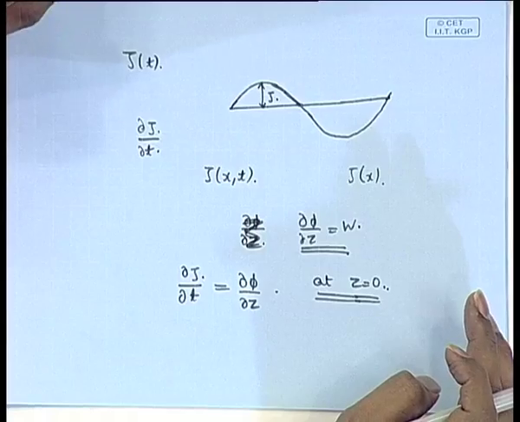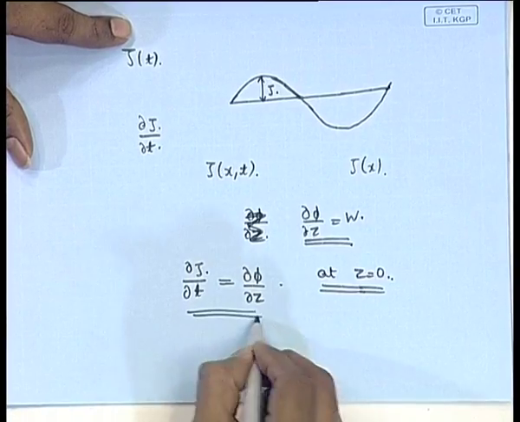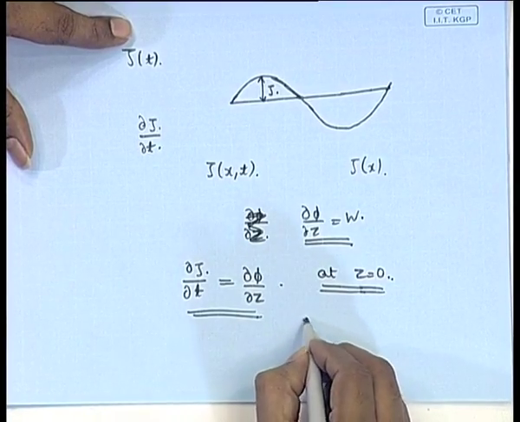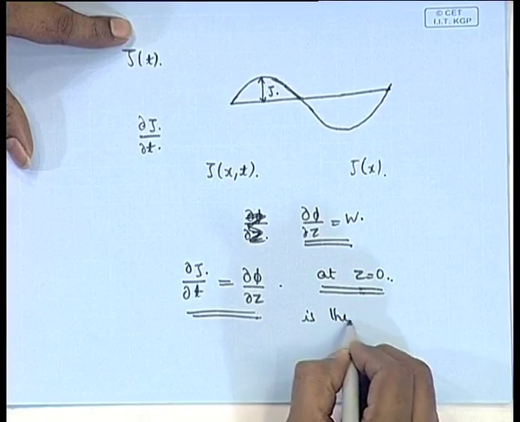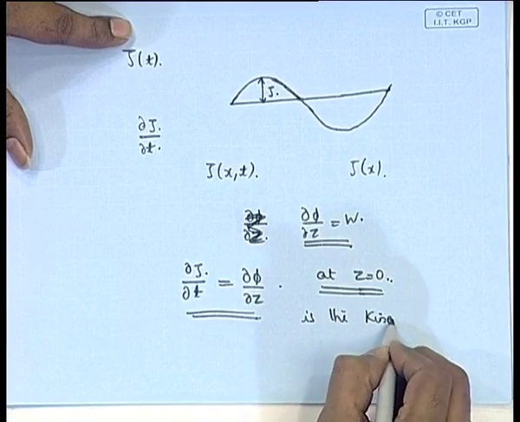That is what we have eventually said here: the rate of movement of the curve, the rate of fluctuation of the curve, is equal to the water particle velocity. There is a water particle inside that curve. So, the rate at which the curve moves is equal to the water particle velocity, the rate at which the water particle also oscillates or moves up and down. Therefore, this expression holds at z equal to 0 and is known as the kinematic free surface boundary condition.